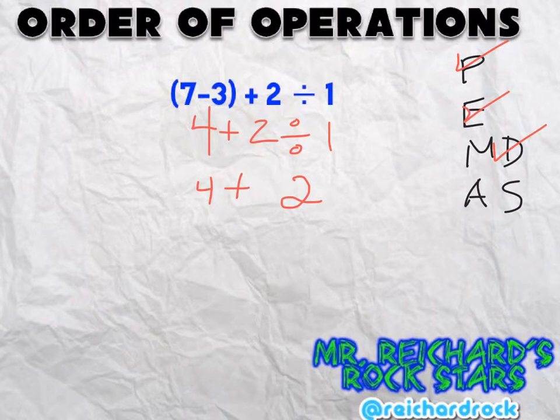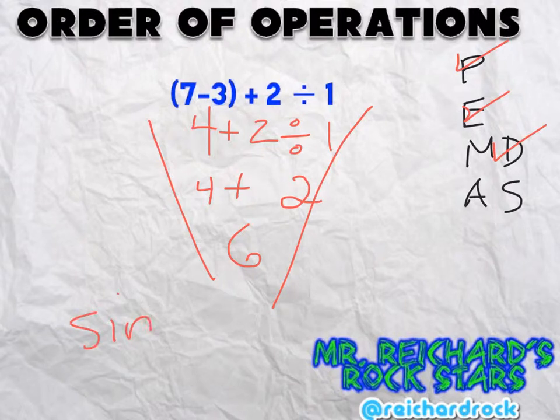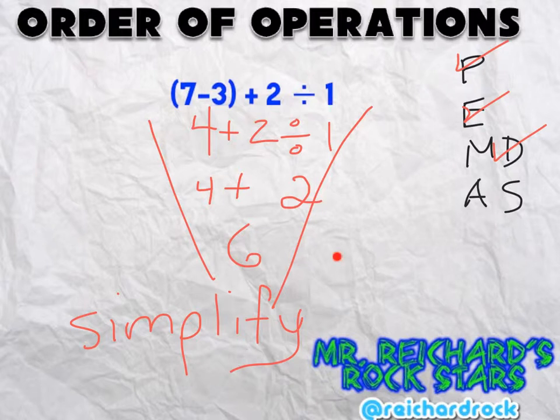And then finally, addition and subtraction left to right. I only have one operation left to go. 4 plus 2 is 6. And I'm always going to drive my lines because what I'm trying to do here, ladies and gentlemen, is simplify. I'm taking my expression that I started with and simplifying it to that one number.